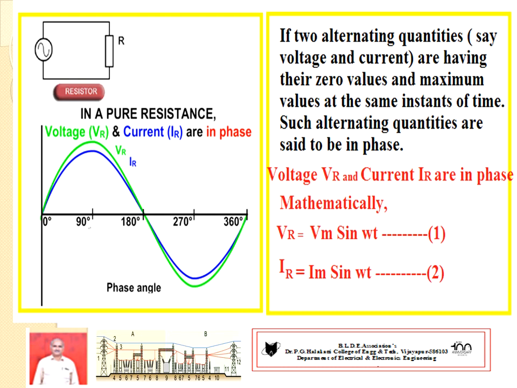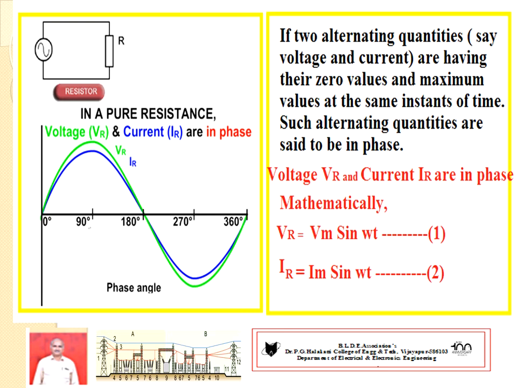If two alternating quantities, say one is voltage and another is current, have their zero values and maximum values at the same instant of time, such alternating quantities are said to be in phase. Getting the idea? Now, you can observe one is voltage and another is current. VR is voltage and IR is current.